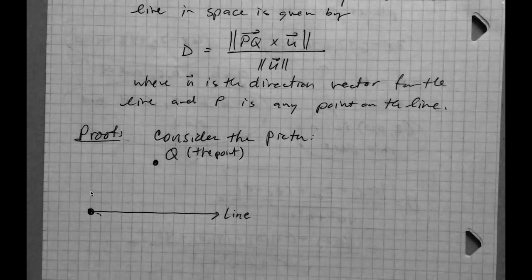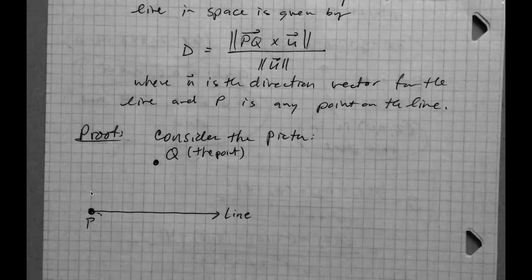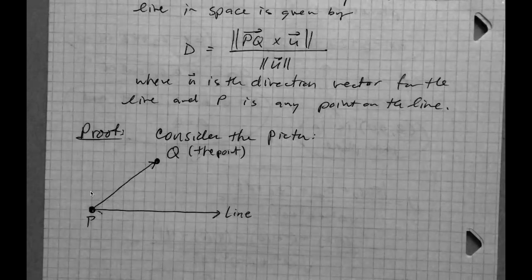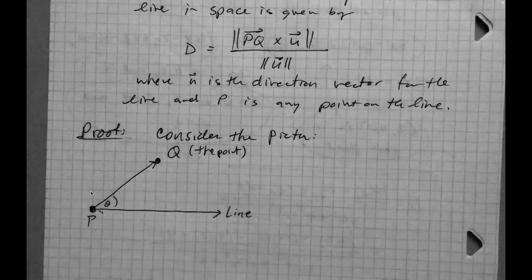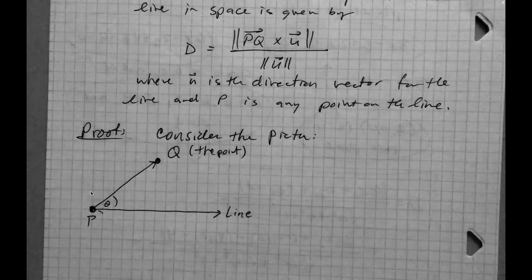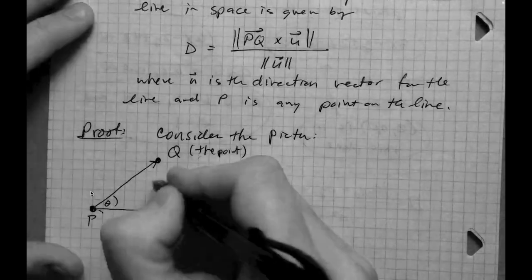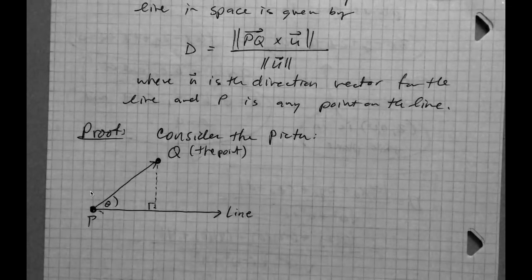Okay, now there's going to be some point P on the line, which we'll denote as this guy here, and we can define a vector PQ right there, right? There's going to be some theta here between the line and the vector PQ. Okay, now what we're interested in is the distance here. So this is again right angle distance, right?